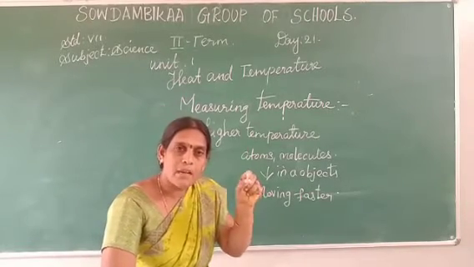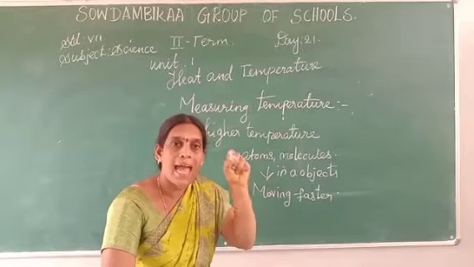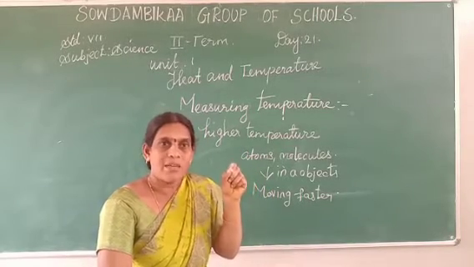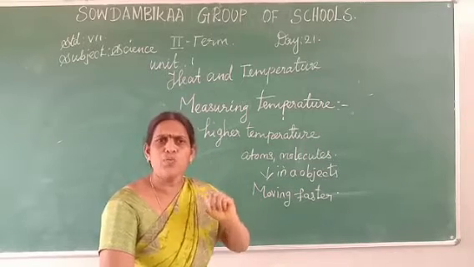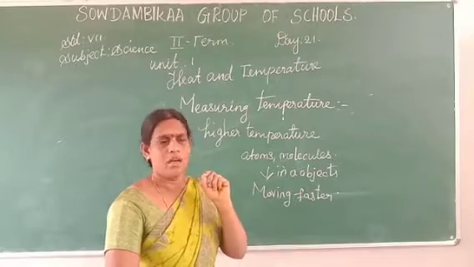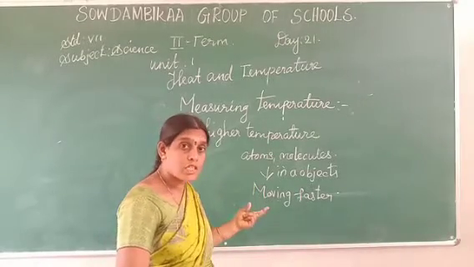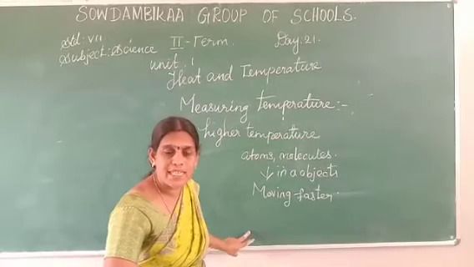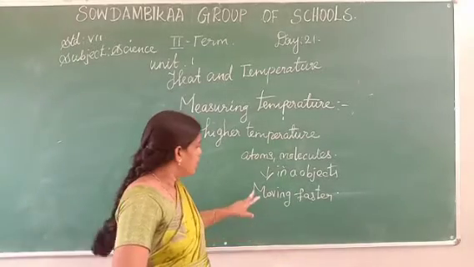All the objects are made up of atoms and molecules. The atoms and molecules are always moving, always in kinetic energy. Kinetic energy is moving. So moving faster means higher temperature. So lower temperature means moving slowly.